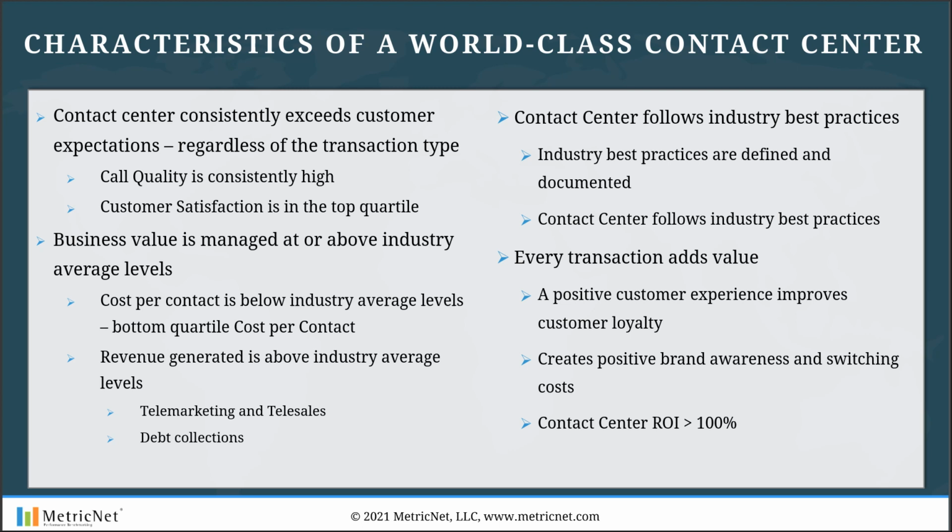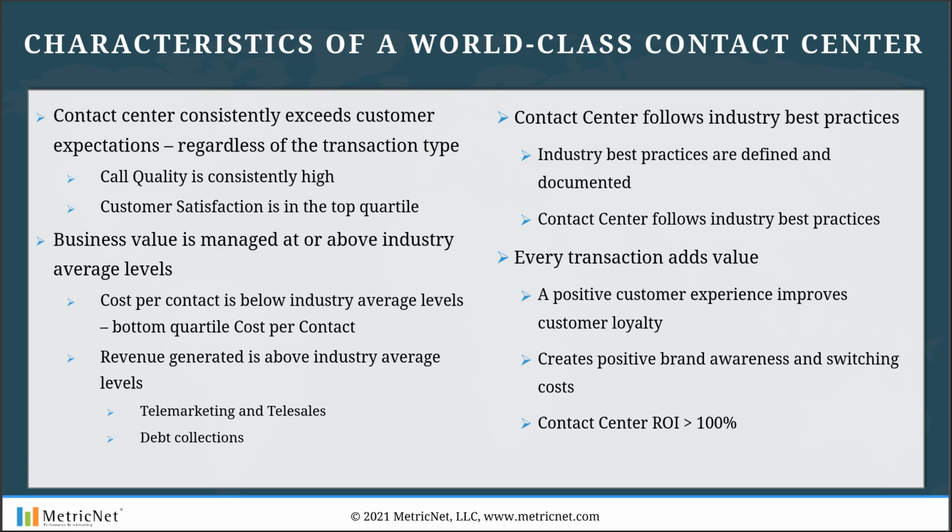Secondly, you've got to deliver that quality at a reasonable value. In other words, you've got to do so without exceeding budgetary constraints. Everyone operates within budgetary constraints. I haven't yet seen a contact center manager that isn't constrained by budget. So the second component of our definition is that you've got to be efficient.